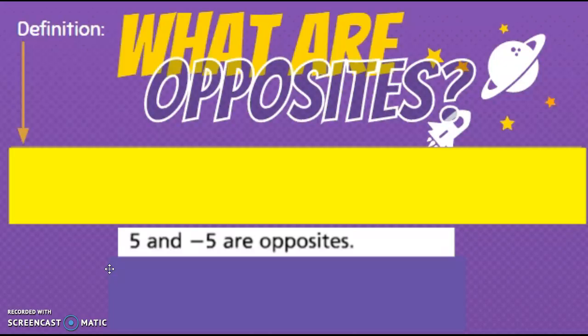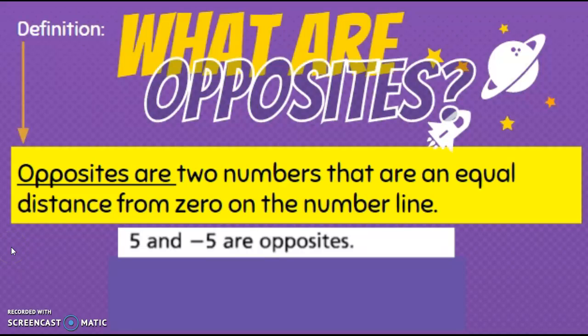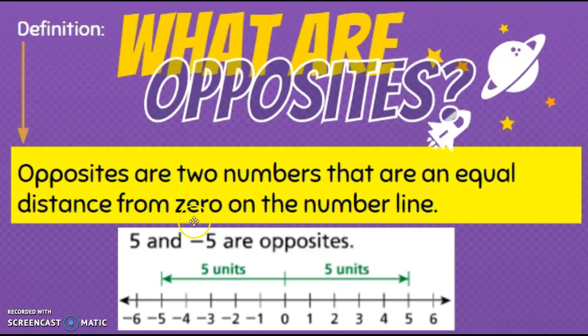But what about other kinds of negative problems? Let's take a look at a couple. And let's pause for a minute and define a very important word that's going to be relevant when we're writing these on the number line. Opposites. What are opposites? I'll give you an example. 5 and -5 are opposites. And the reason they are opposites is that they are 2 numbers that are an equal distance from 0 on the number line.